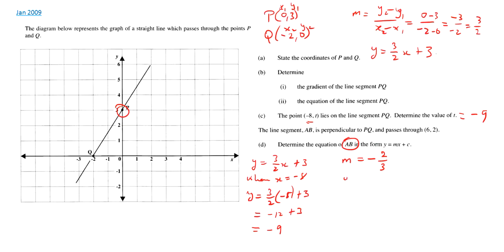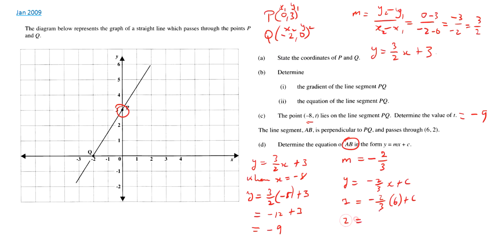So therefore, y is equal to minus 2 over 3 x plus c, and we are told that it passes through the point (6, 2). So we just substitute into the equation. So we have 2 is equal to minus 2 over 3 by 6 plus c.